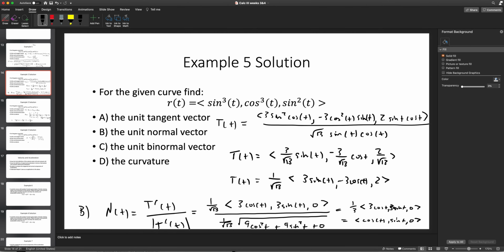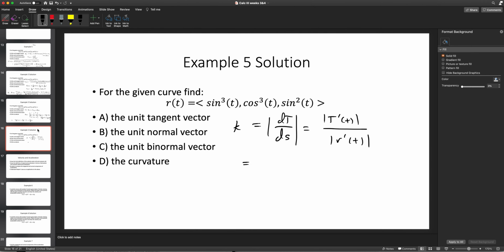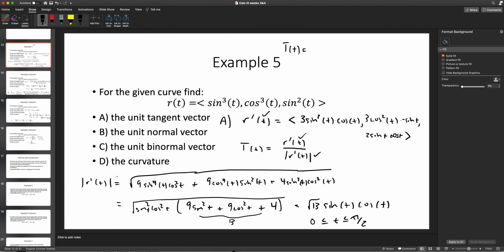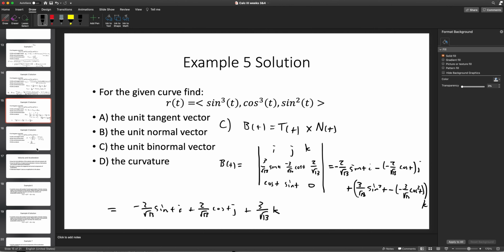We know the length of T prime of t is just 3 over root 13. And then the length of r prime of t is root 13 sin cos.